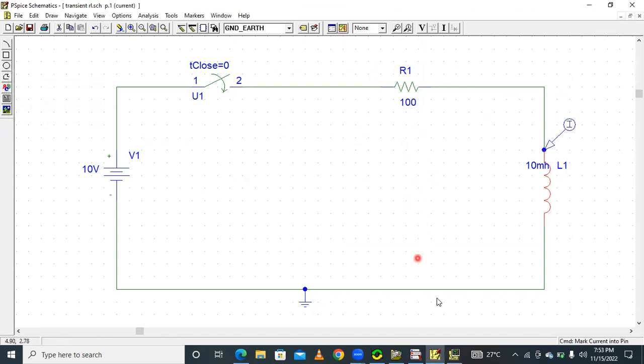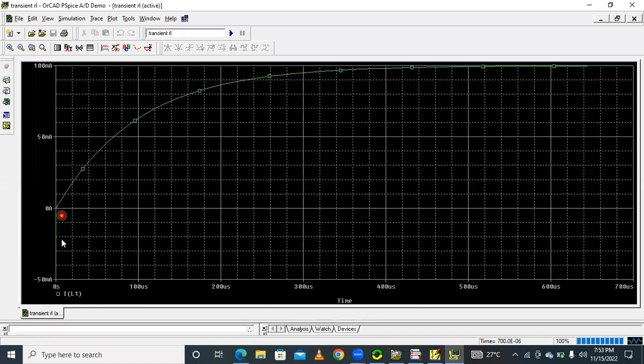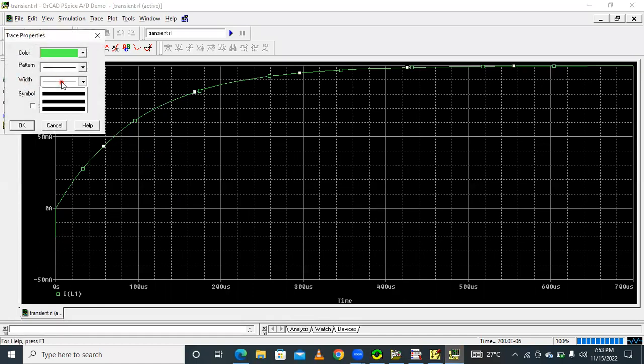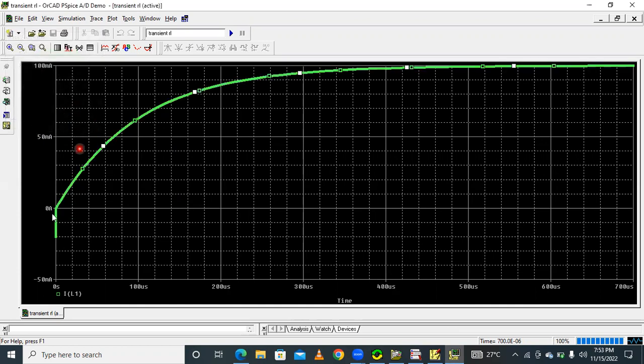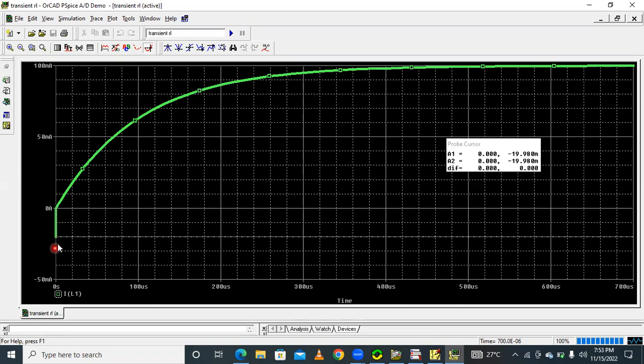Simulate, and change the pulse width of this waveform, then you can easily understand. This is minus 20 milliamps. Enable the toggle cursor here at 20 milliamps. From 20 milliamps onwards, this waveform will start.